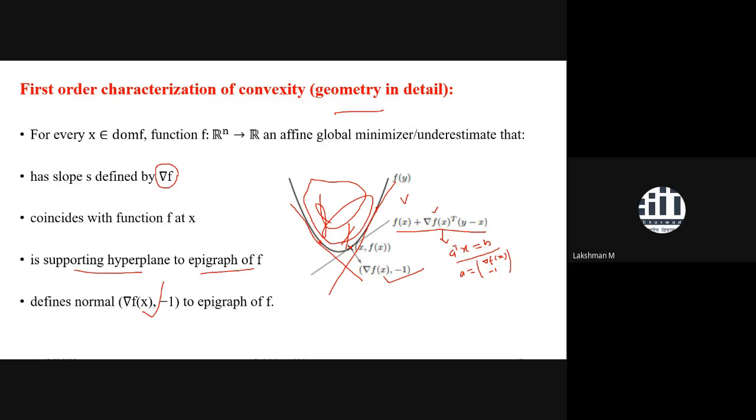That's why the implication is true both ways. If the function is convex, it satisfies the first order characterization, and if a function satisfies the first order characterization, that means every tangent plane is a global underestimator, then you can claim that the corresponding function is a convex function. So the relation is true from both sides.